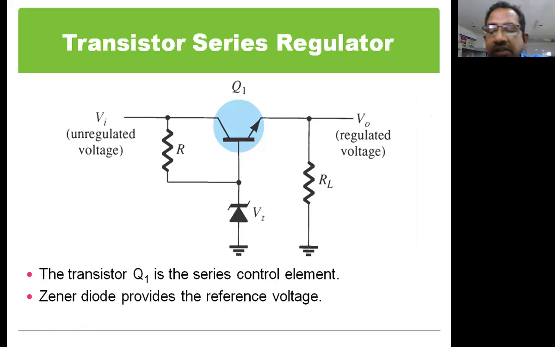Now, what is the practical circuit of the transistor series regulator, or a simple voltage series regulator? This is the circuit which we really think of. Now, the components we have here have to be compared with the components in the block diagram.